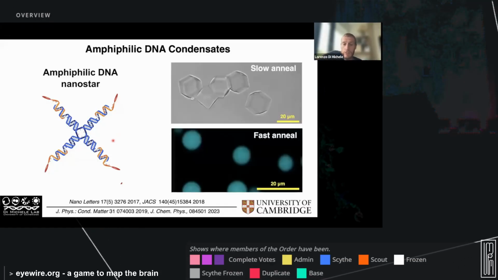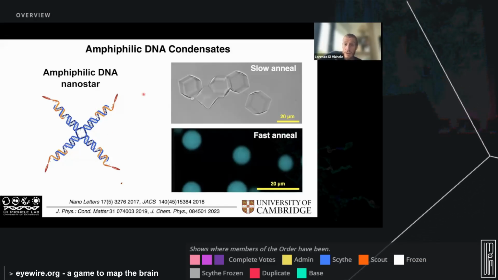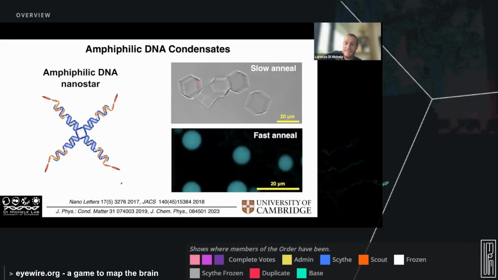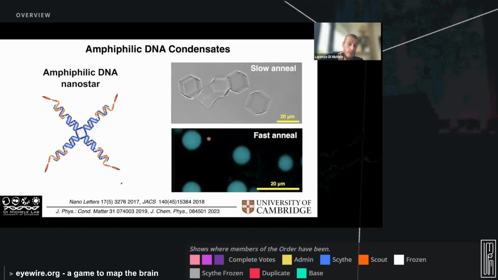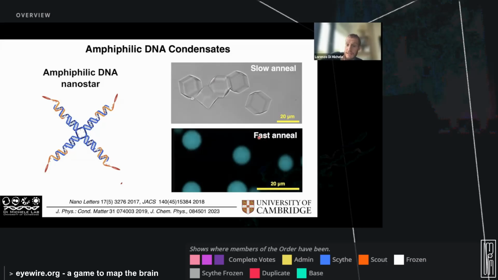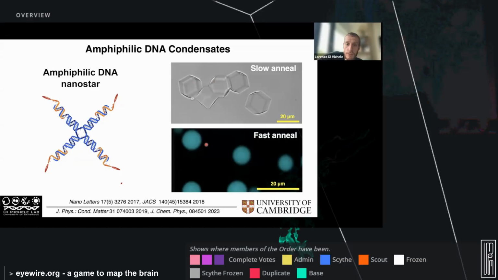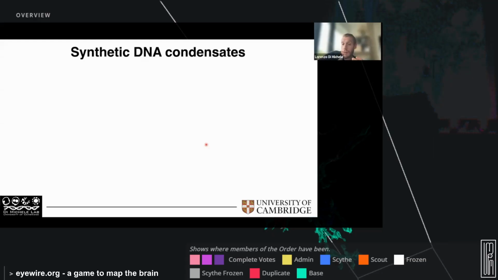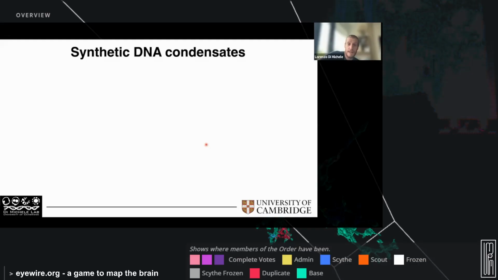And depending on how you treat your system, how you design your nanostructures, how you anneal it, this might form solid condensates, in a way solid crystals, as you can see here, or they might form amorphous or liquid droplets, as you can see here, in this case with a faster anneal. So that's not something I want to go much deeper in, but I just want to give you an overview of quite a lot of the functionalities that it's possible to create with this synthetic DNA condensate.